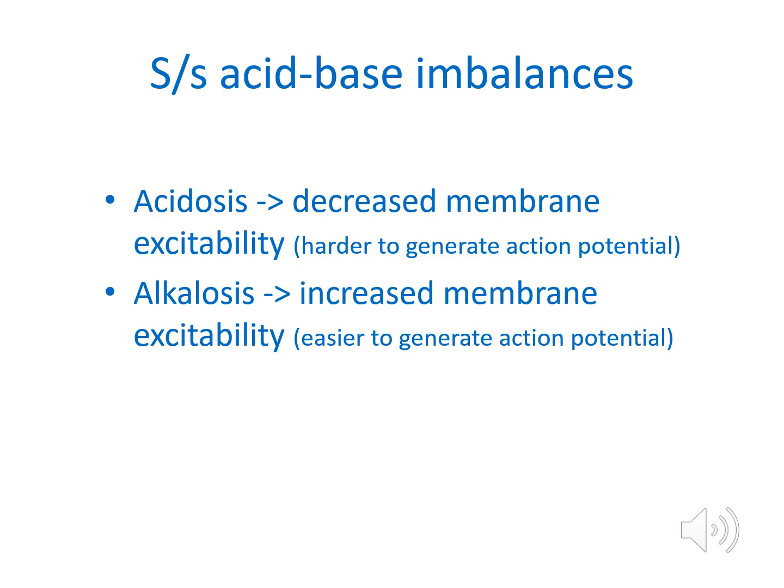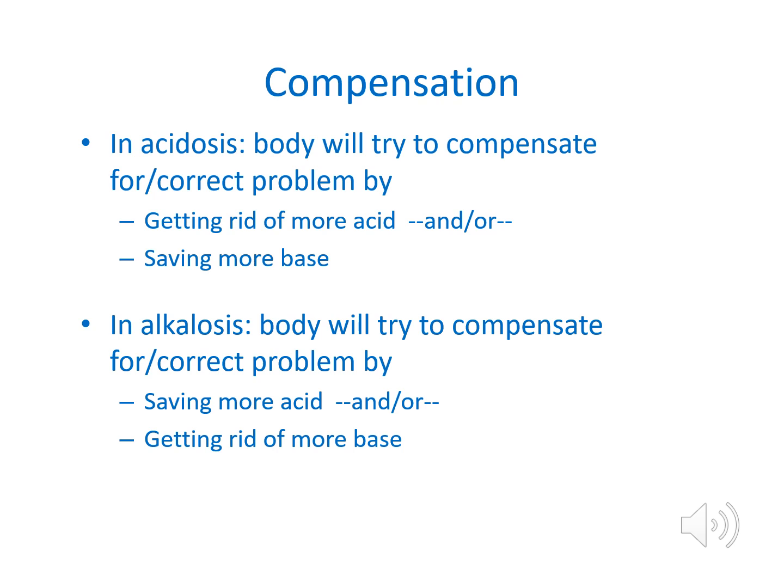And as you might expect, in alkalosis, you're going to see the exact opposite. In alkalosis, it's increased membrane excitability, meaning it's easier than normal to generate an action potential. So you're going to see all those symptoms that you would expect to see when it's easier to generate an action potential.